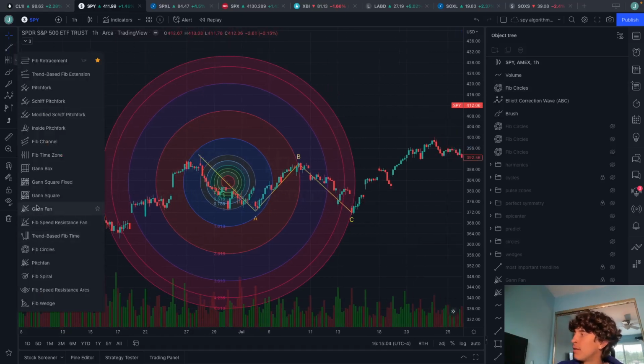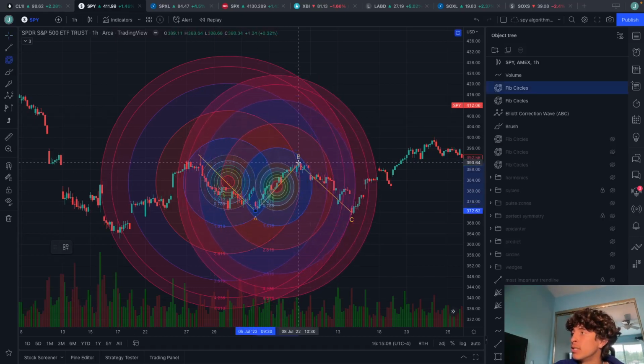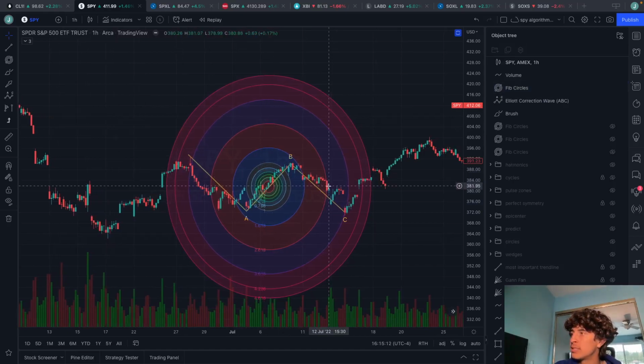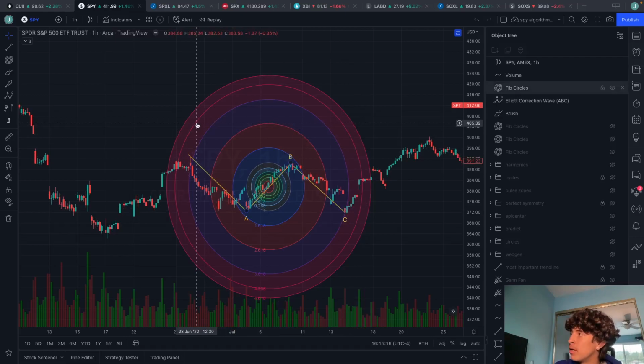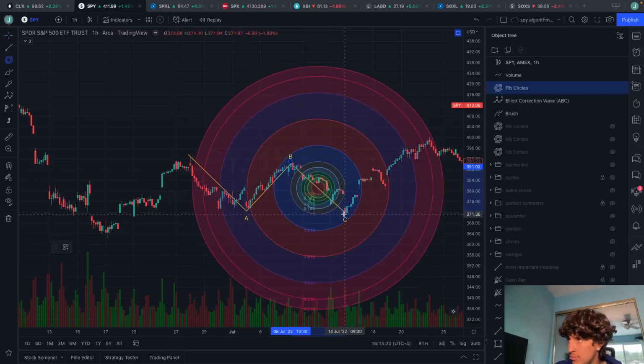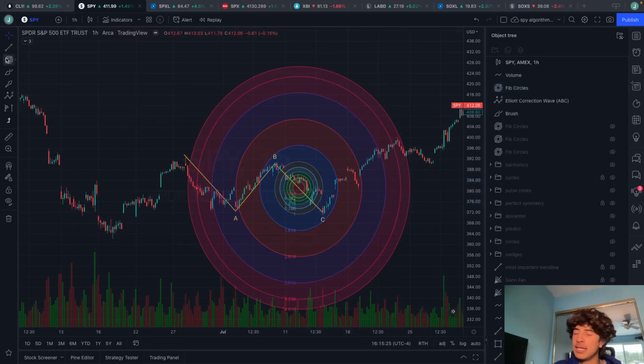I'm going to draw them for each wave within this wave structure, and you will see how these give you these zones of reversals, where they can reverse from, where they will reverse from, and it is incredible. It shows you where these waves end.